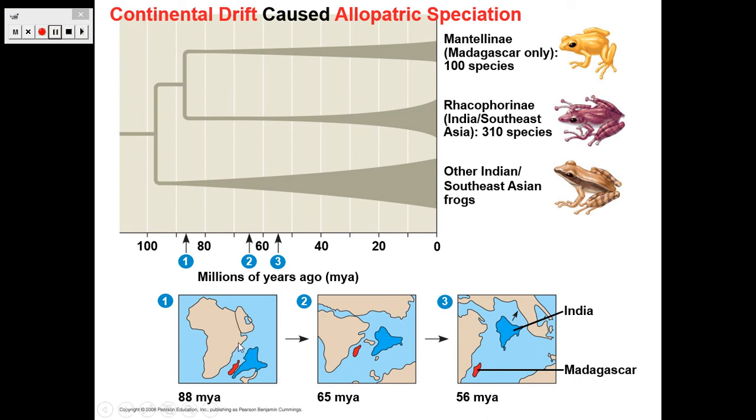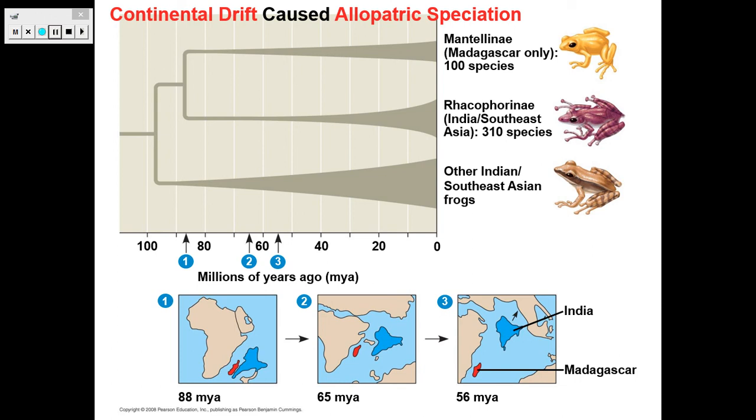So 88 million years ago, India and Madagascar were really close together, but then 65 million years ago, they've kind of drifted apart. India seems to be drifting north, and Madagascar is drifting west, and now that divide is even greater. 56 million years ago, Madagascar is all the way down here, India all the way up here, and it's moving in that direction. And so continental drift can cause allopatric speciation.